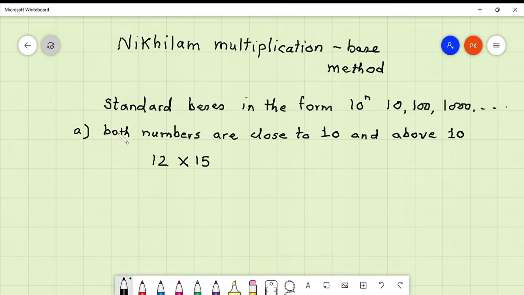In this case, first make a partition. On the left hand side of the partition, write the two numbers 12, 15. Because 12 and 15 are both close to 10, take the base as 10.